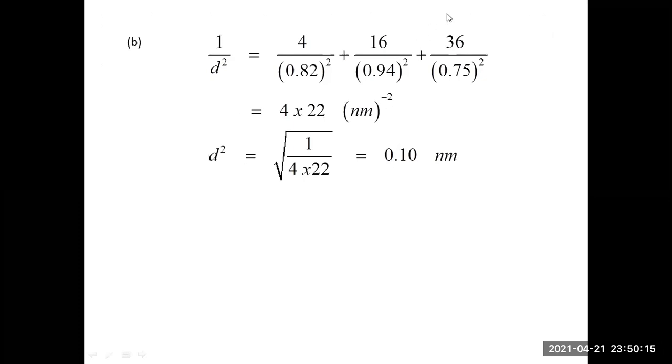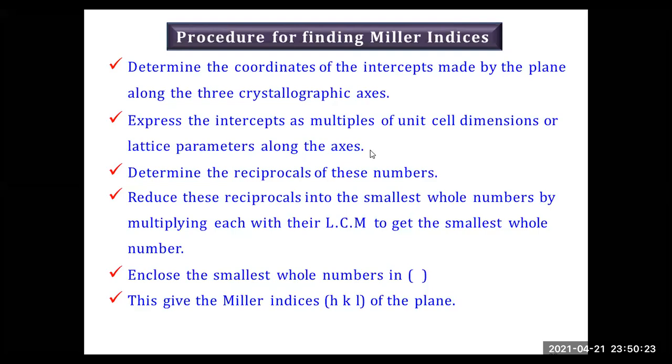Now I will go to our previous one. Here we were talking about how to find the Miller indices, and there are important aspects of finding the Miller indices. So the important features which are required to be discussed.